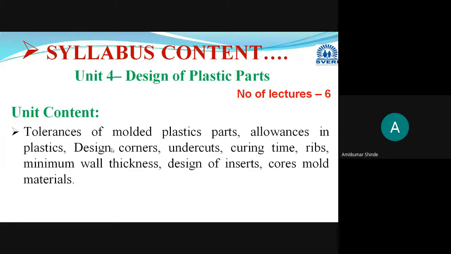This question will be there for the theoretical purpose, but to solve the numerical question, each and every concept you have to understand, each and every concept related to tolerance, then allowance, then how we are going to do the design of the corners, design of the undercuts, then the design of the ribs, then how we are going to decide the minimum wall thickness, okay.